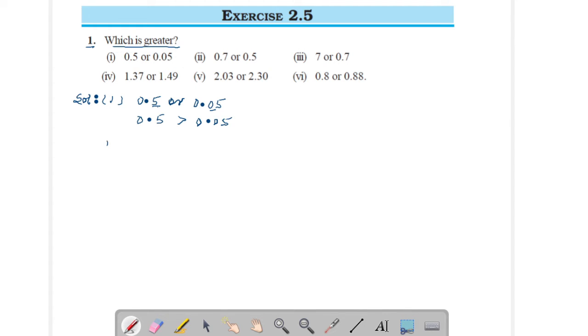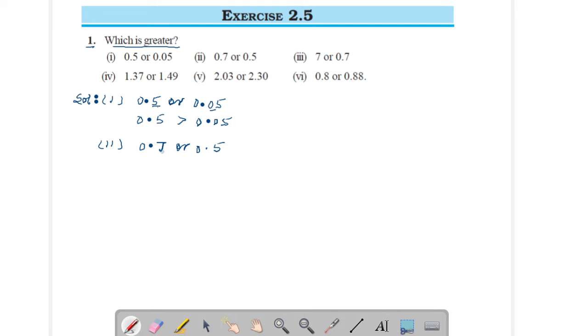Now come to second part. 0.7 or 0.5. Again start compare from ones place. Here it is 0. Here also it is 0.